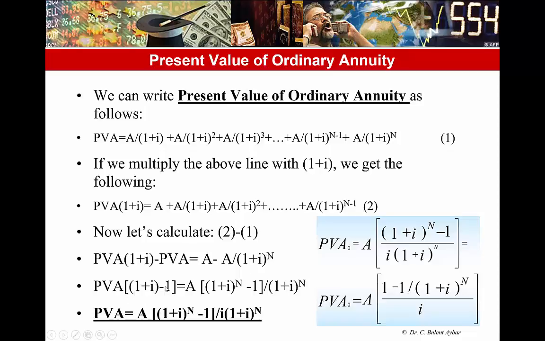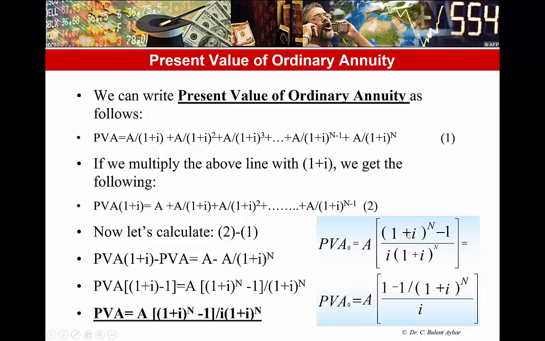And again, by reorganizing the equation, produces A times 1 plus I to the power n minus 1 divided by I times 1 plus I to the power n. So this is equivalent to what you see in here.